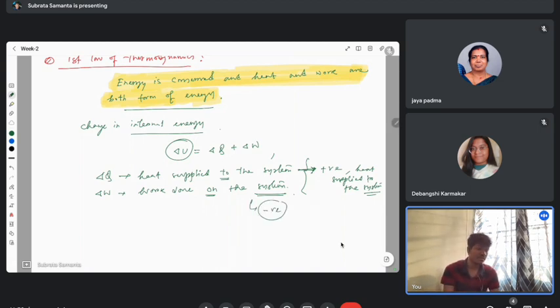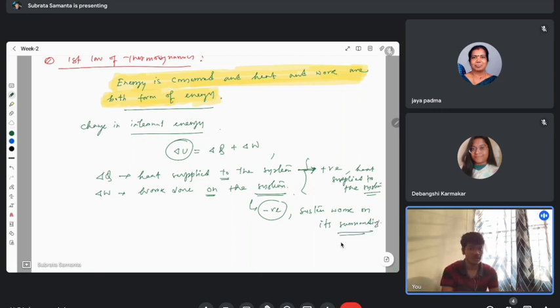Negative means that the system does work on its surroundings, not work done on the system. So negative means that the system works on its surroundings. These things are very confusing.